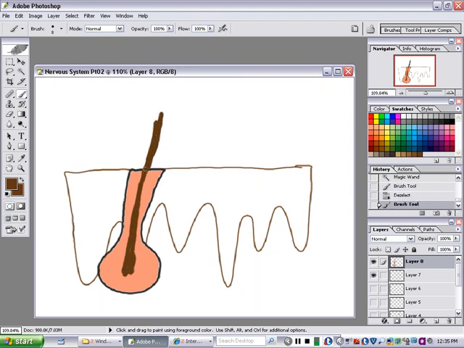Now, the hair follicle is slanted. But within the hair follicle, or attached to the hair follicle, there's a muscle. There's a big muscle here. Let's make this smaller. There's a muscle that's attached to this hair follicle. You have to think about it this way. The hair follicle itself is slanted.